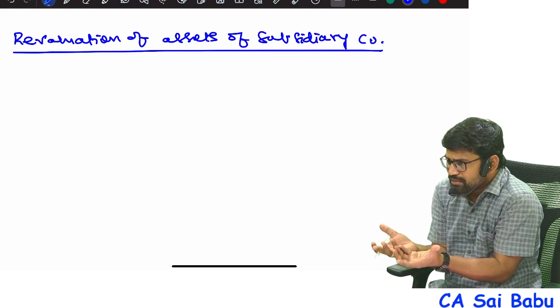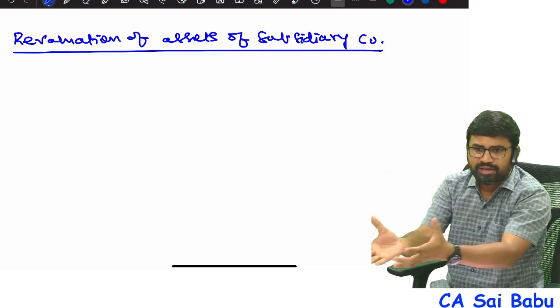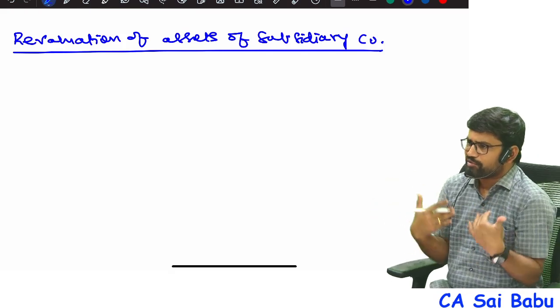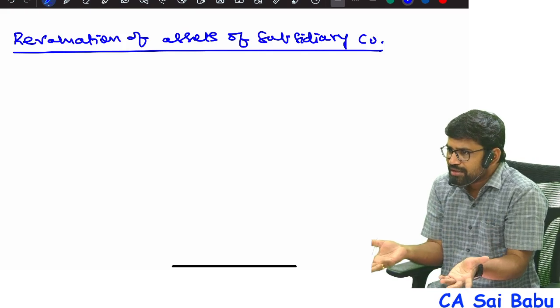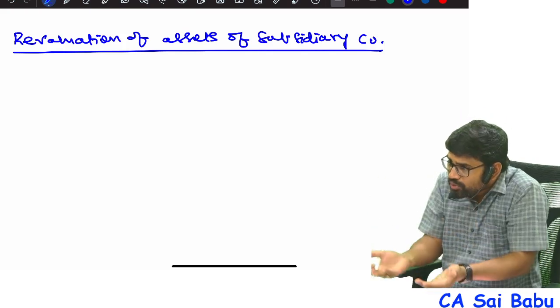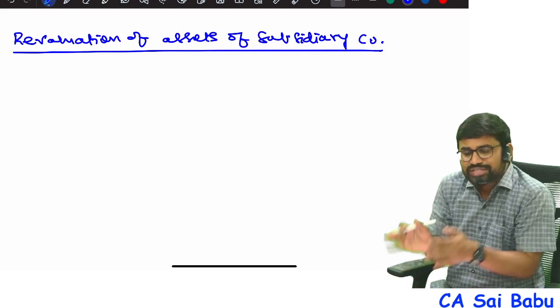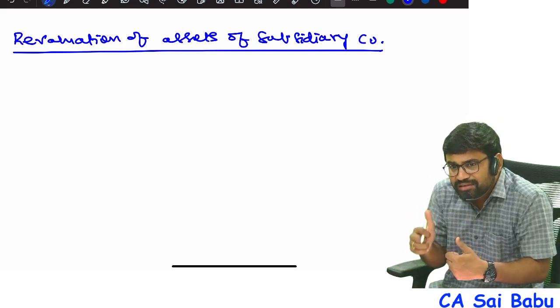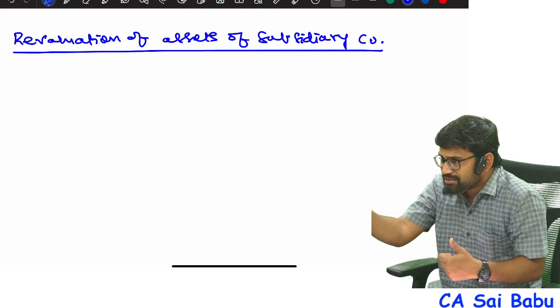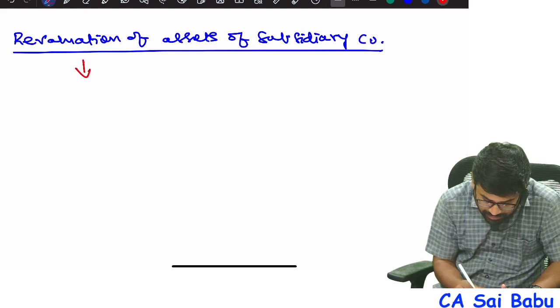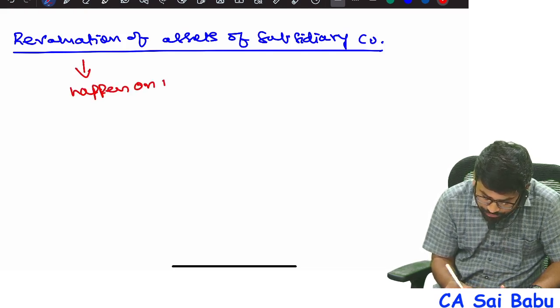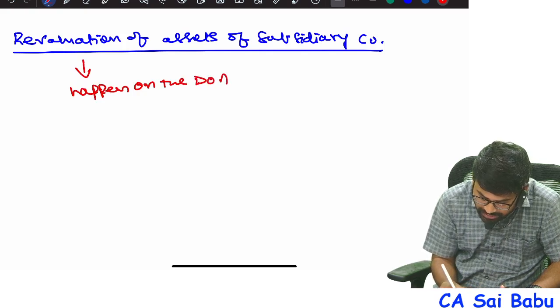Suppose you are the subsidiary company, I am the parent company, I want to take over your company, I will look at your balance sheet and I feel some of the assets are not properly valued. So therefore, I will do revaluation. So generally revaluation will happen when? On the date of acquisition.